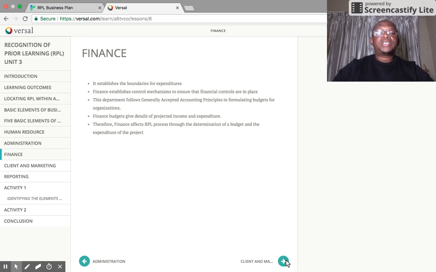It's through the budget wherein income and expenditure are projected. Therefore, finance affects the RPL process through the determination of a budget under which the RPL process has to be undertaken, and it also determines the expenditure of the project.